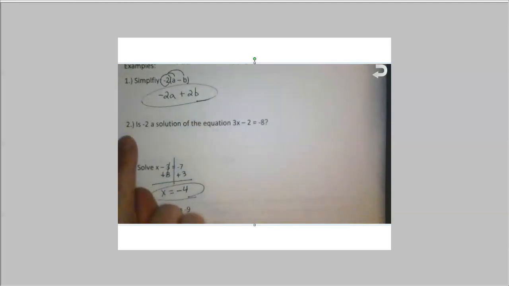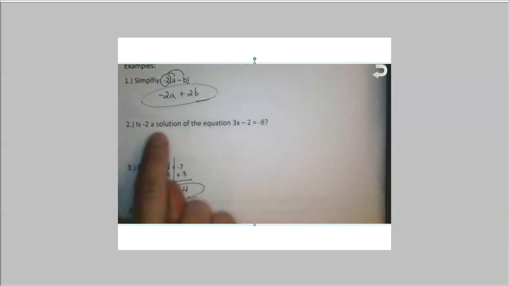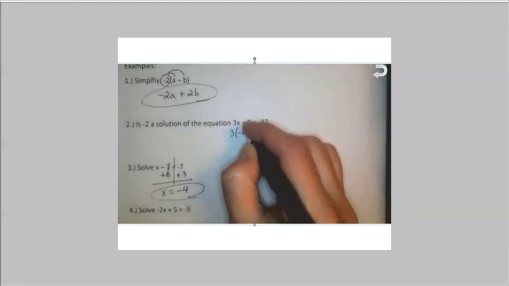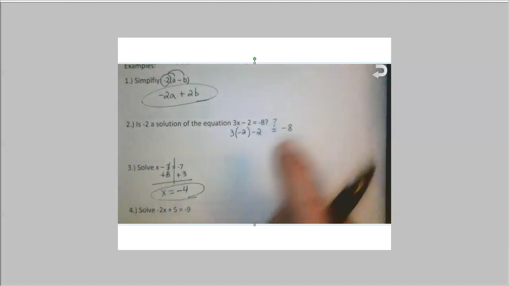In number 2, the question asks, is negative 2 an answer for this equation? They're giving me a number and I want to know, does that solve this equation? So all I have to do is substitute negative 2 into the place of x, and check to see if the left side equals the right-hand side.